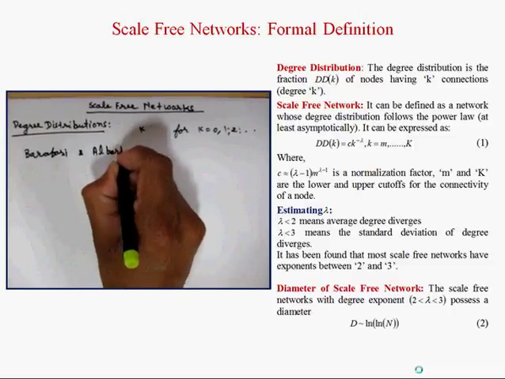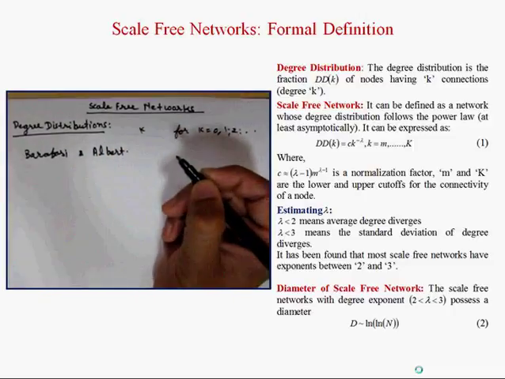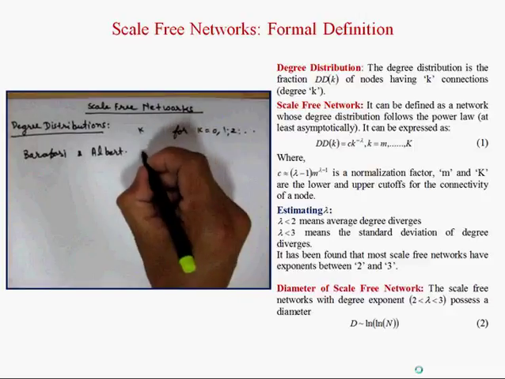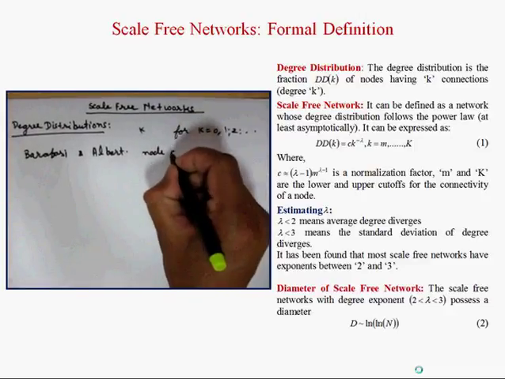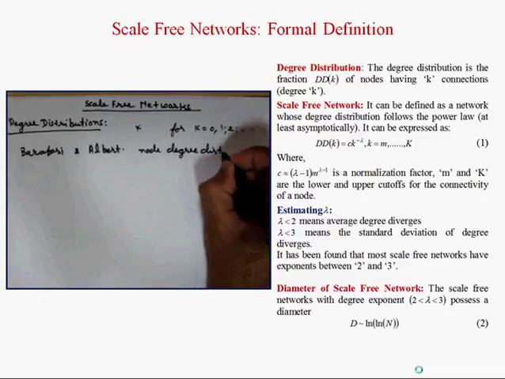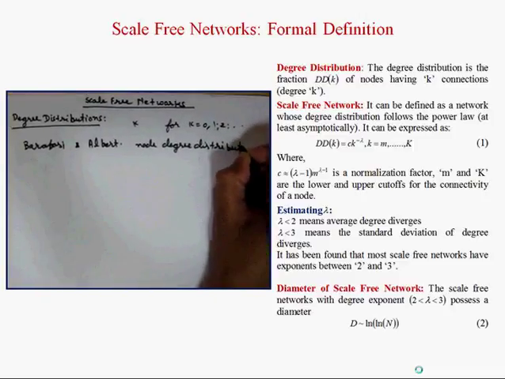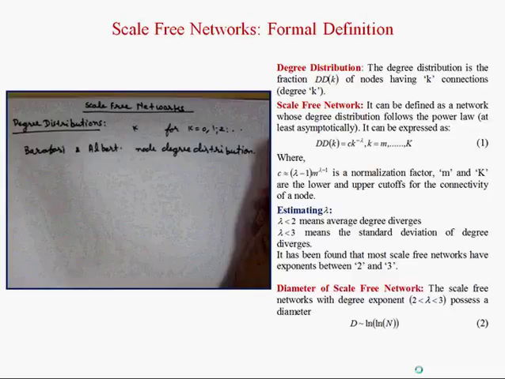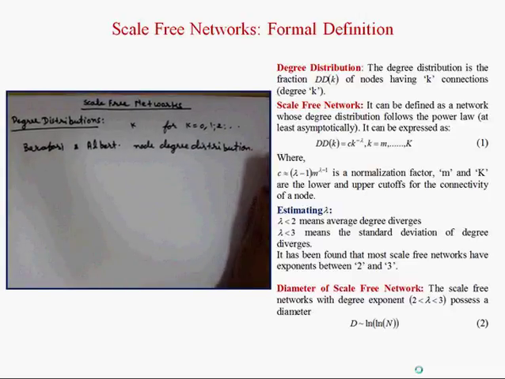Barabasi and Albert used the node degree distribution to distinguish between random and scale-free networks.